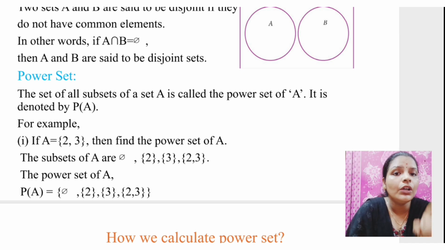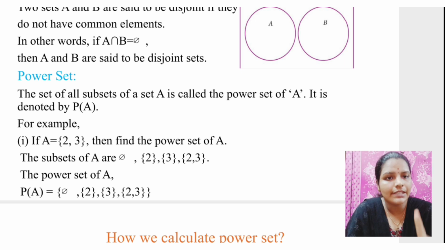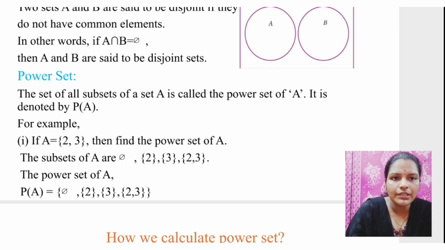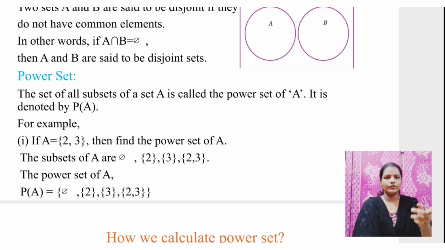Also every set's subsets will definitely contain the null set. So we have the null set also. The power set of A is P of A equals open curly bracket, null set, 2, 3, 2 and 3, close curly bracket.